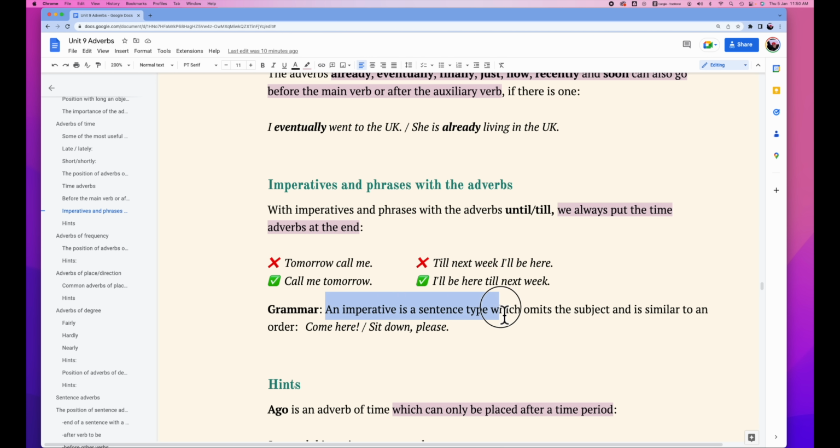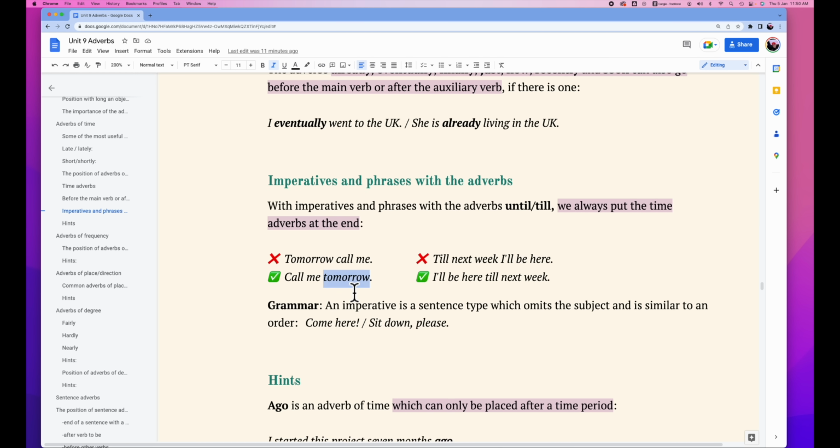Imperative is a sentence type which omits the subject and is similar to an order, like come here, sit down please. And we always put the adverb of time at the end of the sentence, like call me tomorrow, or I will be here till next week. Till next week and tomorrow are adverbs of time. We put them at the end of a sentence.